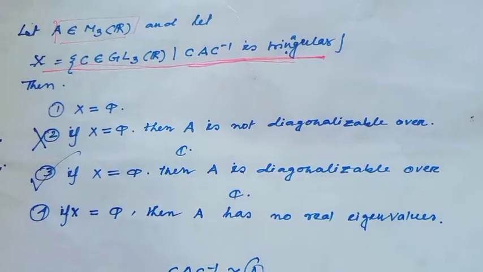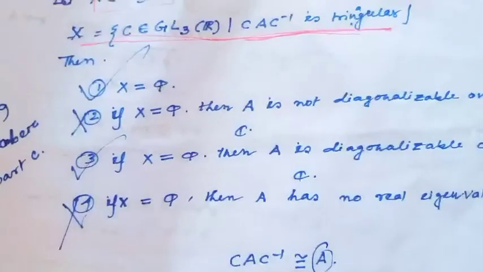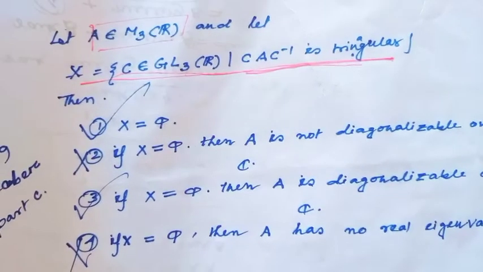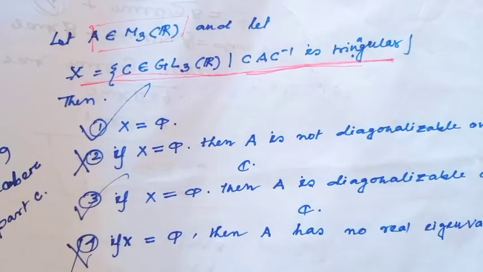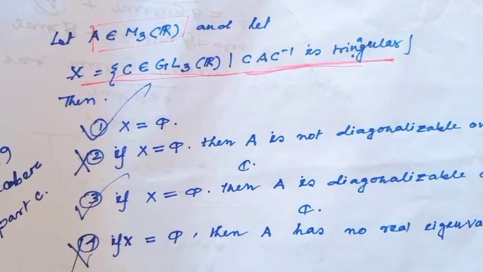We all know this. So option 4 is also wrong. I hope all my viewers have understood this question in a better way. This type of question is very important for any competitive exam.